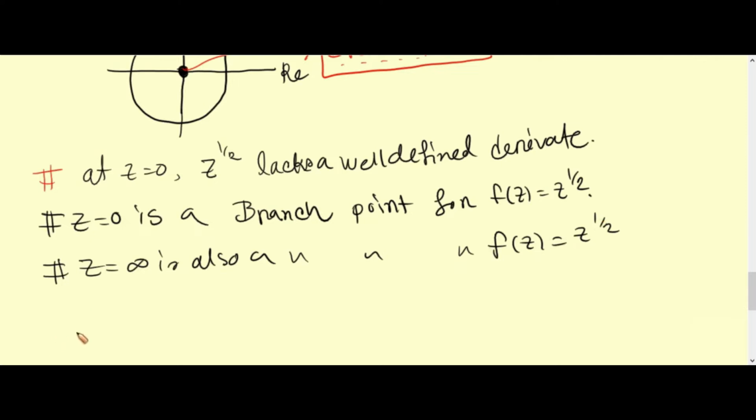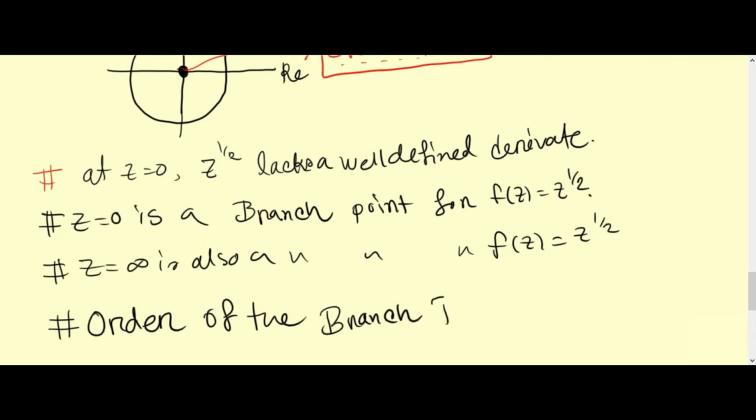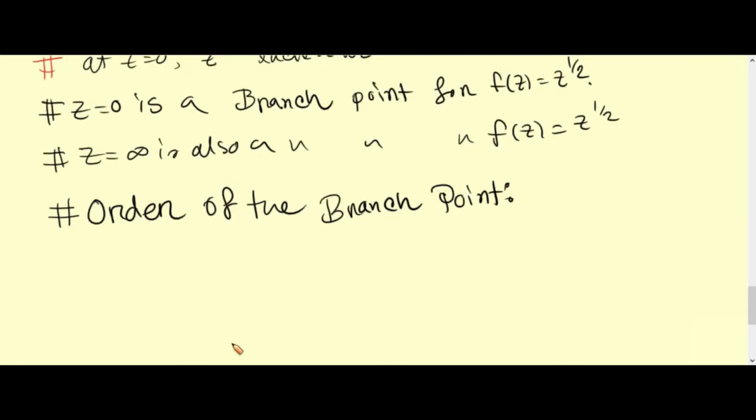And after that we want to define something called the order of the branch point. So what does this order mean? The order means the number of circuits around the branch point. Let me just write it down again.